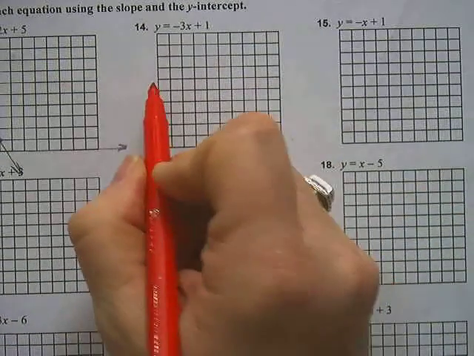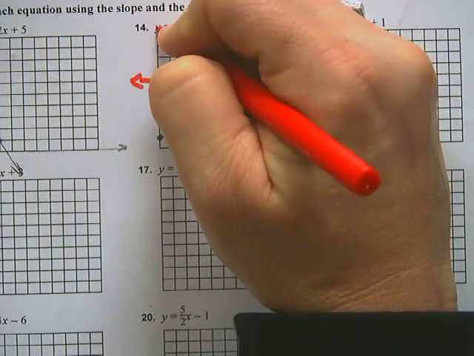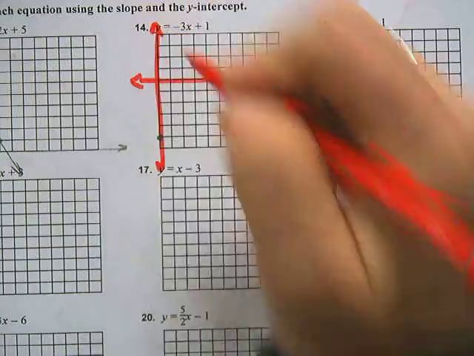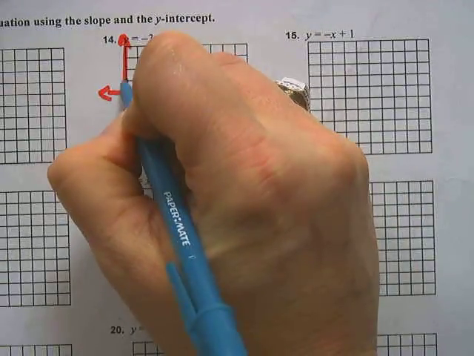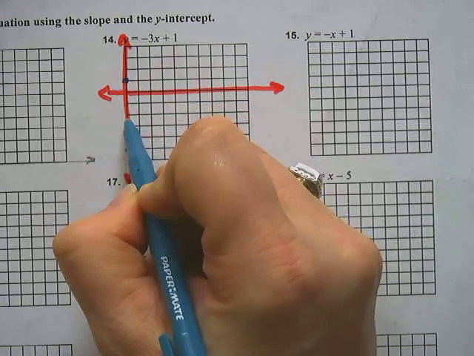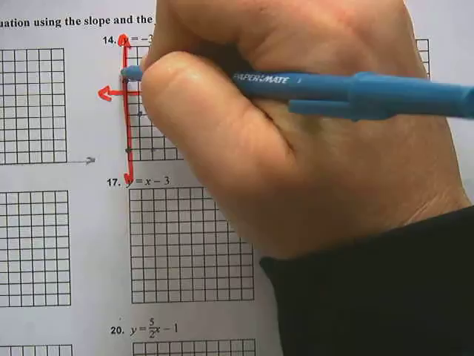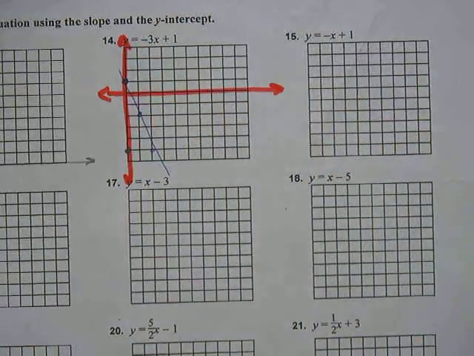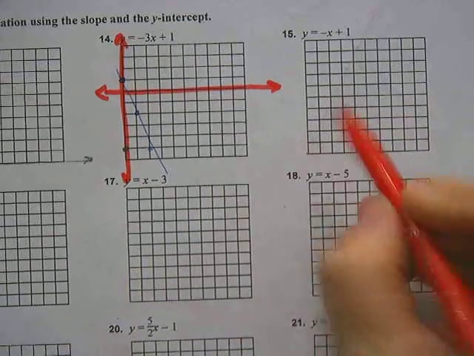Ooh, don't like that because we don't really have enough room. So I'm going to make our x and y axis up here. I'm going to move our origin way up so we have more room. So now a y-intercept of 1, we're going down 3 over 1, down 3 over 1. So it should look like this.